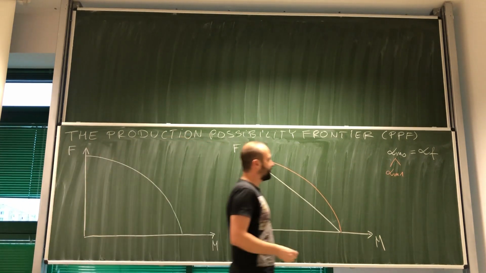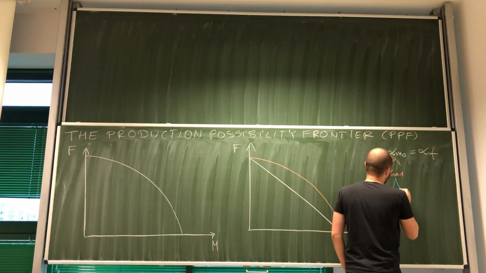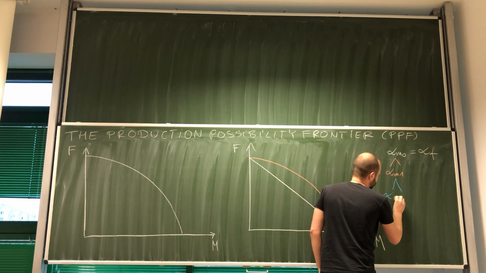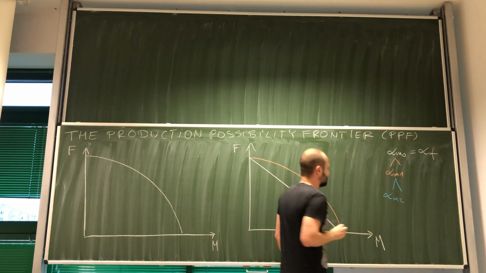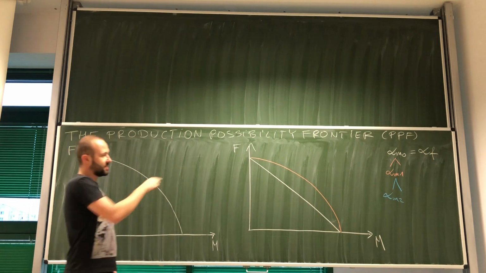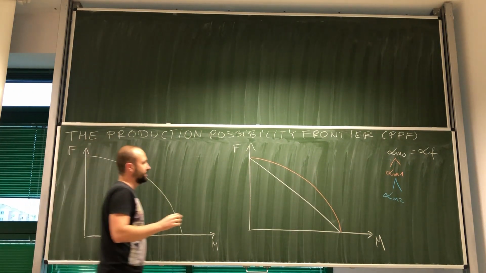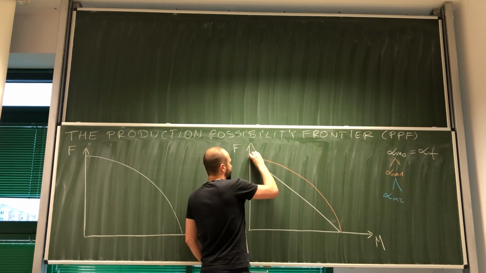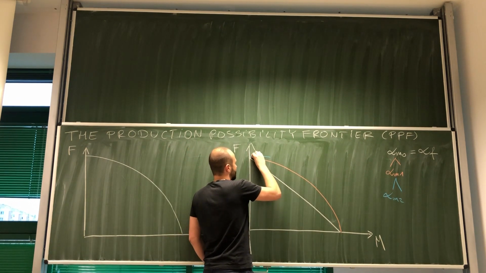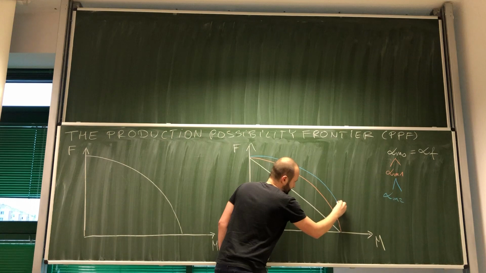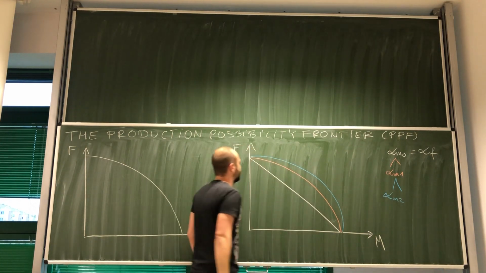Then, if we again had an even bigger capital intensity parameter in manufacturing, we would have even more pronounced curvature.